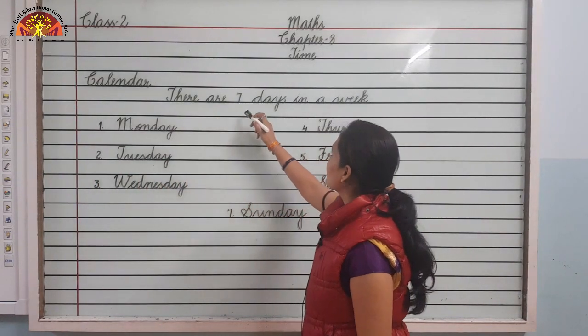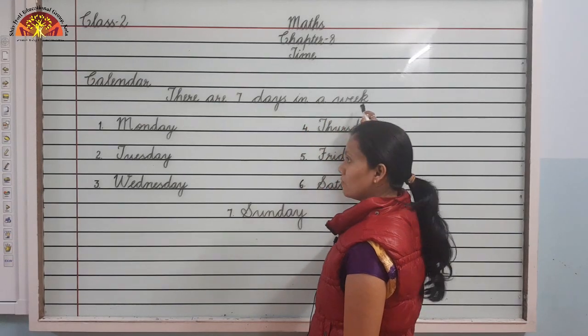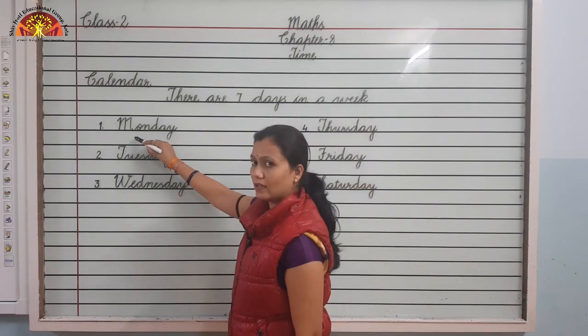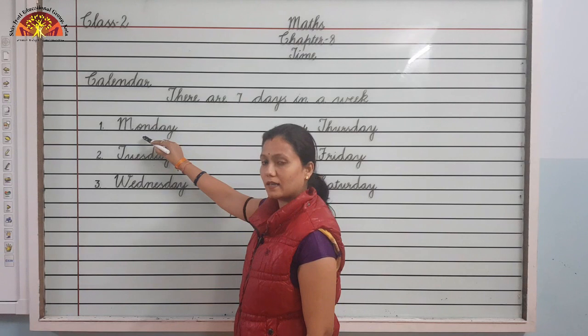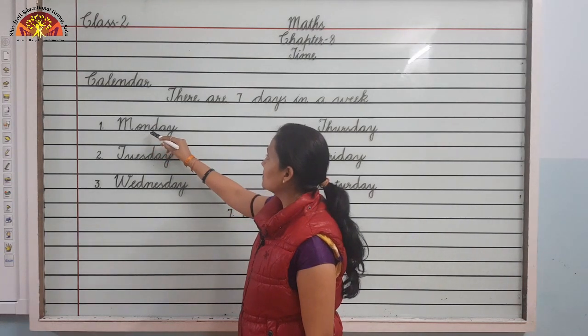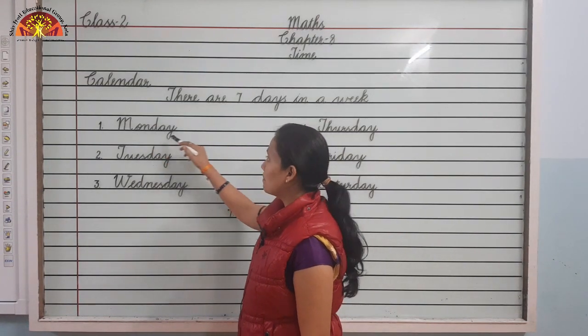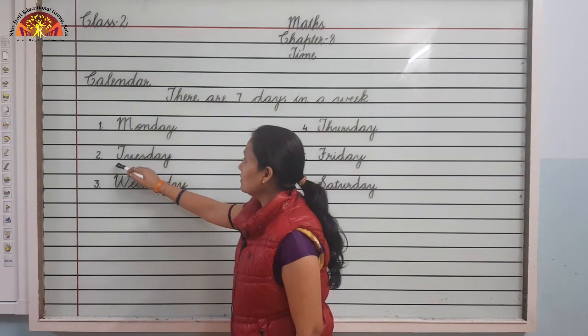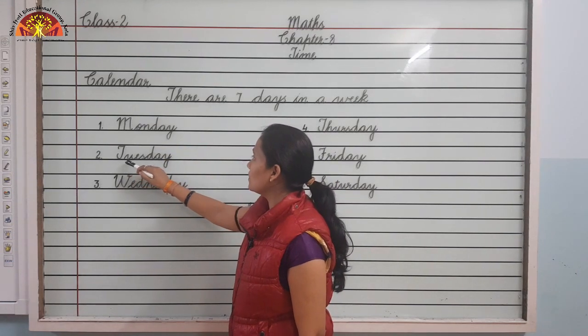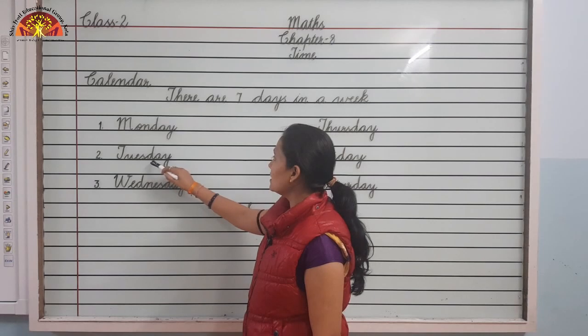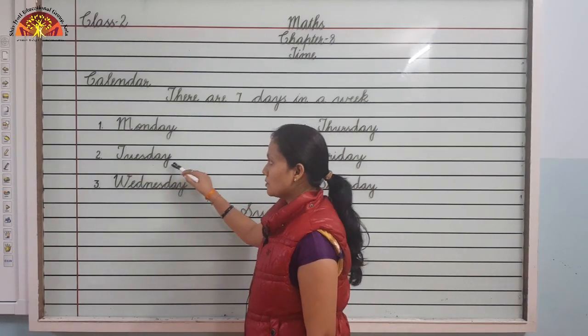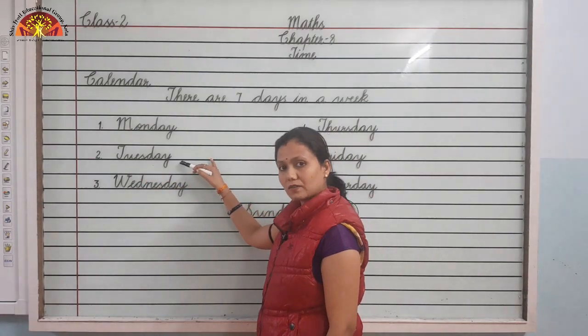There are 7 days in a week. The first day of the week is Monday, M-O-N-D-A-Y, Monday. Then Tuesday, T-U-E-S-D-A-Y, Tuesday. Now which day comes after Tuesday?